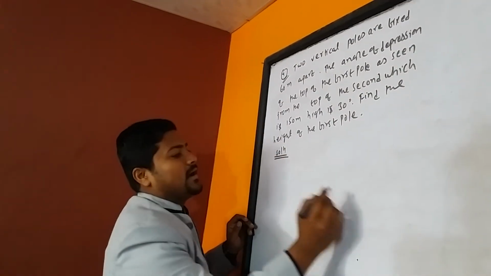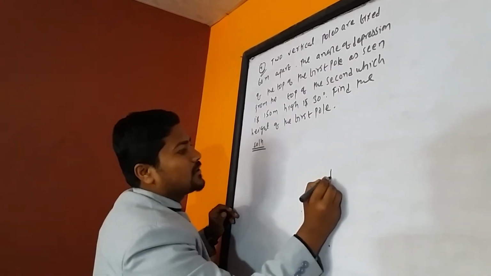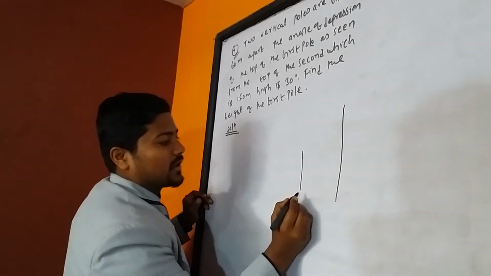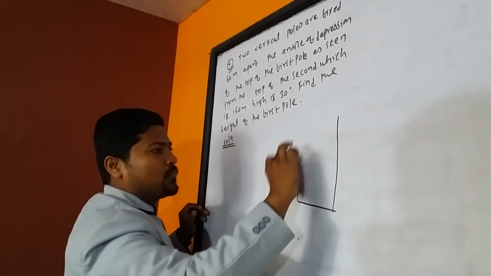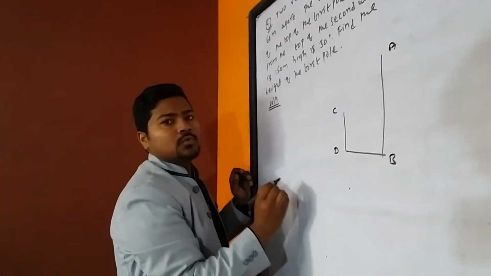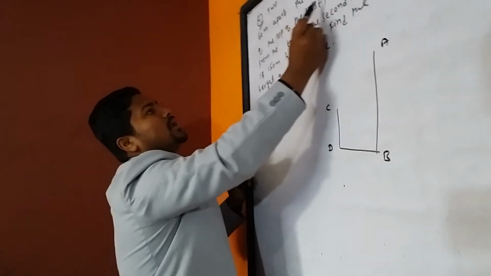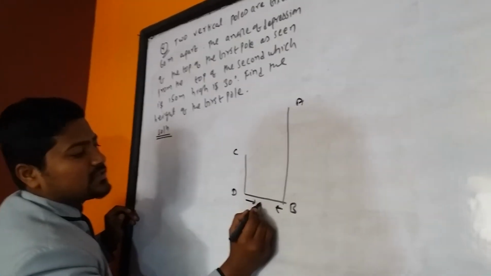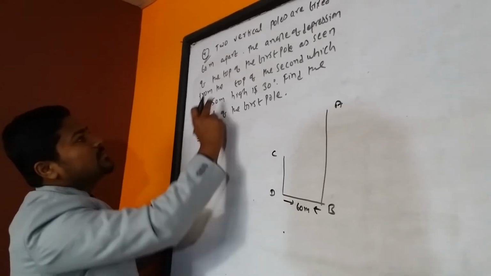Fixed 60 meters apart. Suppose this is the first pole and this is the second pole, like AB and CD are two poles. The distance between these two poles is 60 meters.